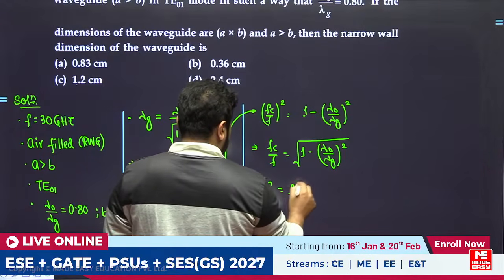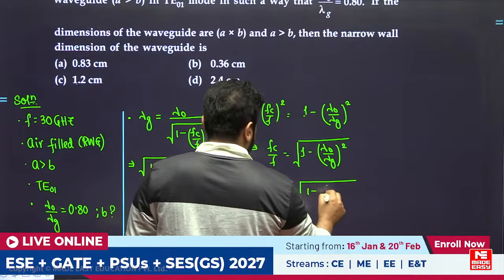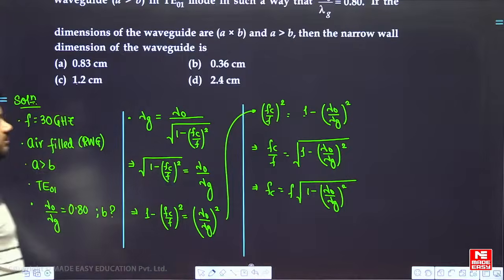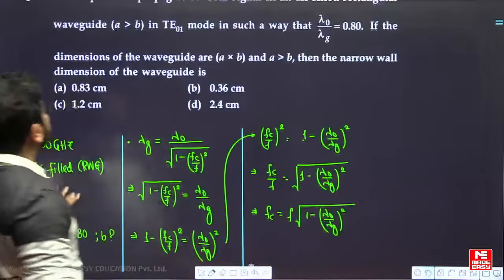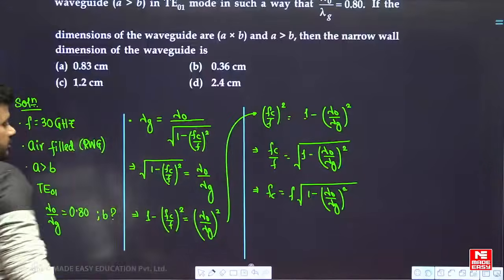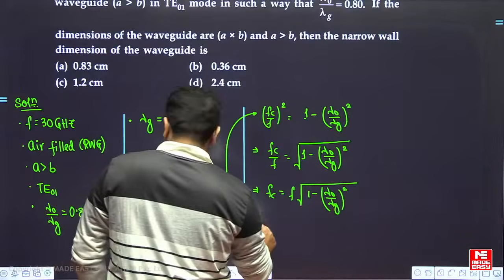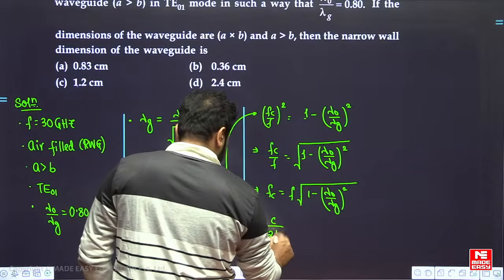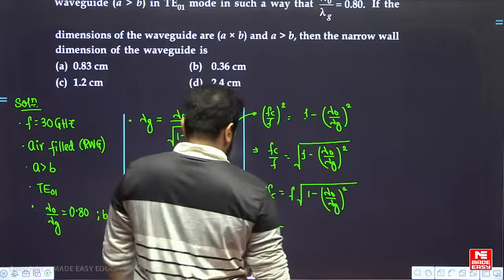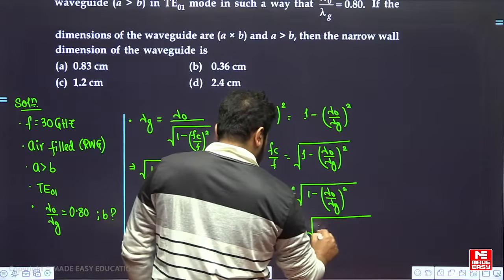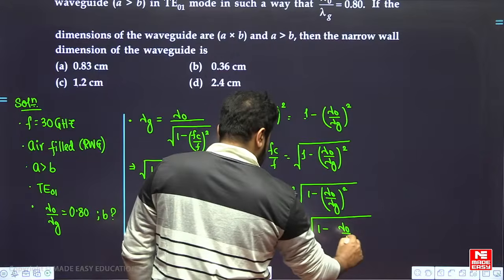Cutoff frequency I am going to get is f times root under 1 minus lambda naught upon lambda g whole square, right. Now they are asking it is working in TE01 mode, and it is air filled rectangular waveguide. So cutoff frequency for TE01 will become C upon 2b, isn't it? C upon 2b is equal to frequency f root under 1 minus lambda naught upon lambda g whole square, correct.